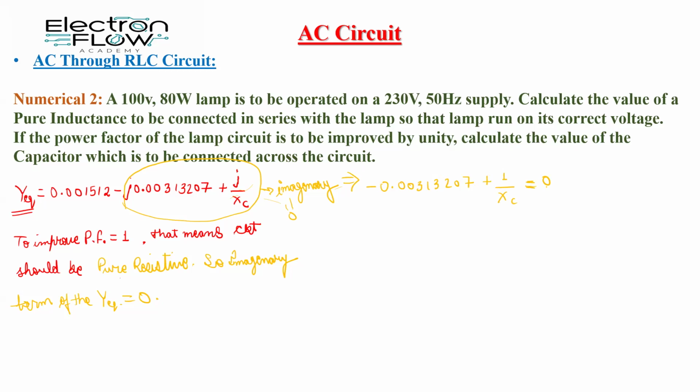From this expression I can rewrite that 1 upon XC is equal to 0.003133207.